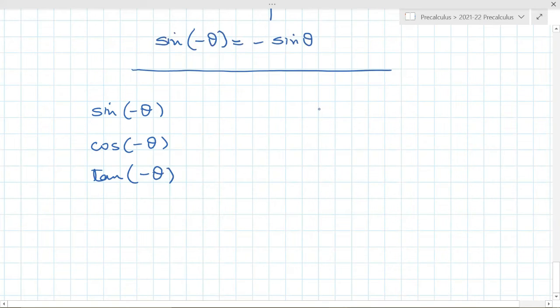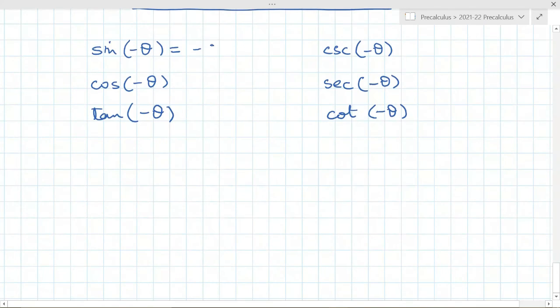And here's cosecant of negative theta and secant of negative theta and cotangent of negative theta. So sine of negative theta is negative sine theta. And cosine of negative theta is cosine theta. And tan of negative theta is negative tan theta.